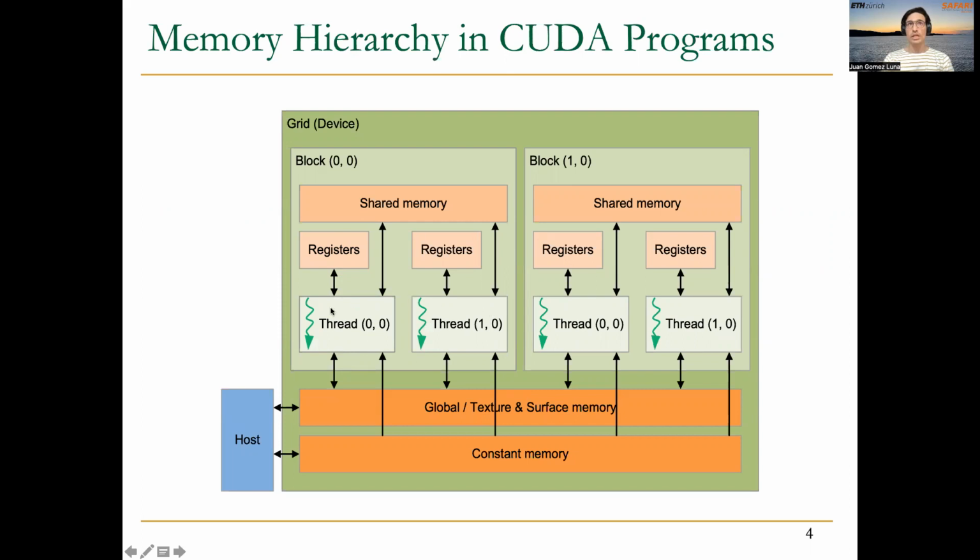All different threads inside the same thread block can share data through the shared memory, or scratchpad memory, which is an on-chip memory. It's a small memory inside each of the GPU cores. Threads in different blocks can access data in the global memory, and part of it is, for example, devoted to the constant memory, a part of the device memory that is specifically for constants.